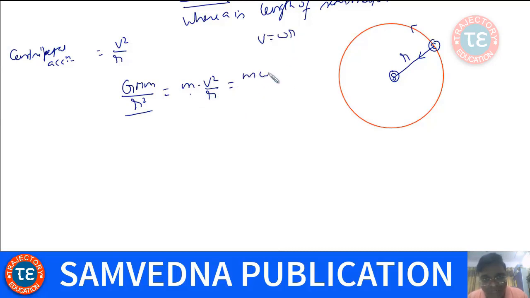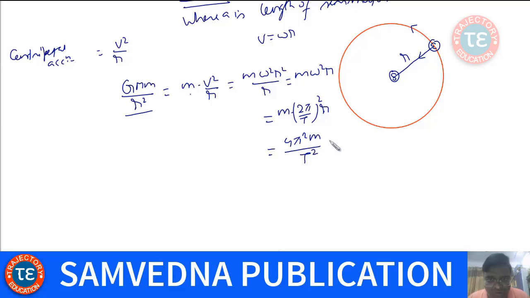So we can write it as m omega squared r squared upon r, which is m omega squared r. And omega is the angular velocity, which can be written as 2 pi upon time period, whole squared. So this gives us 4 pi squared m upon T squared r, and the m and m will cancel out. So this gives you T squared equals 4 pi squared r cube upon GM.